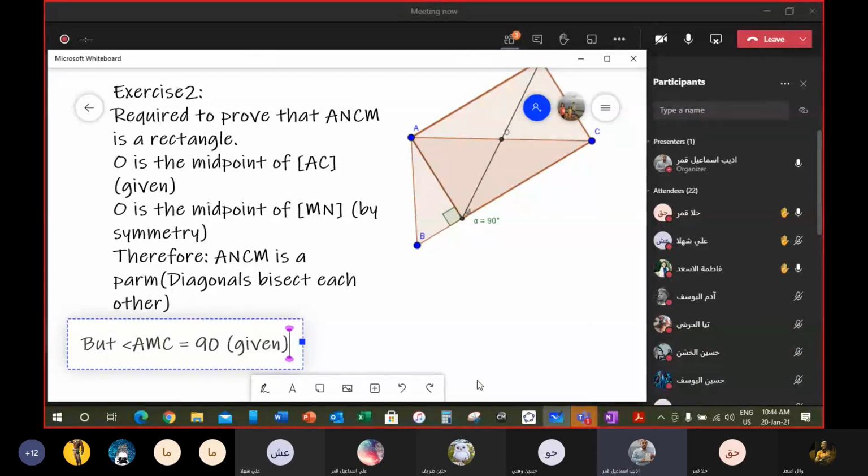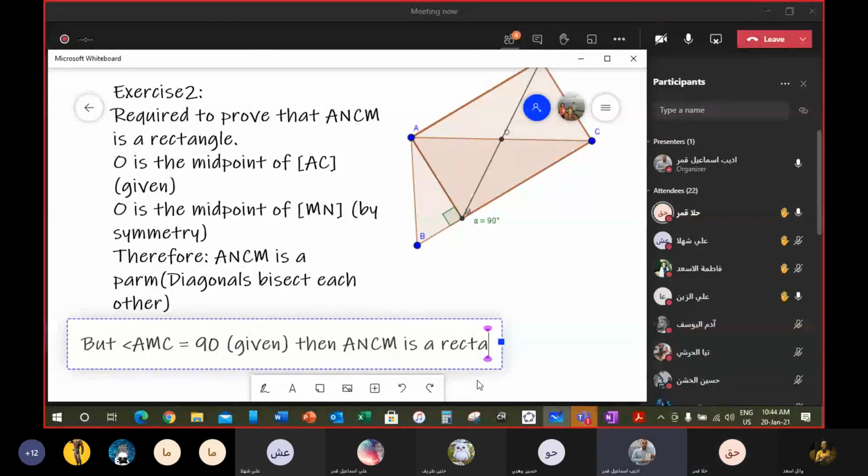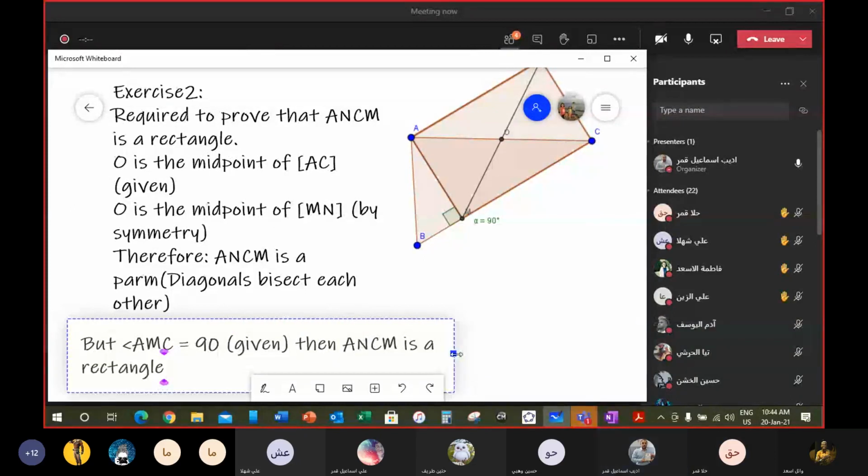Then what does AMCN become? It is a rectangle. AMCN is a rectangle. Very good.